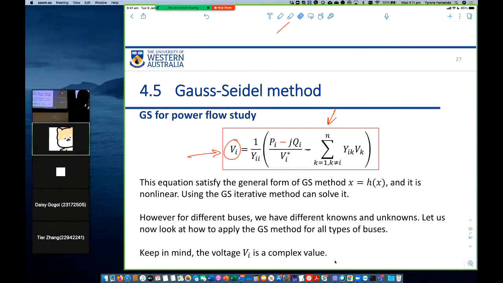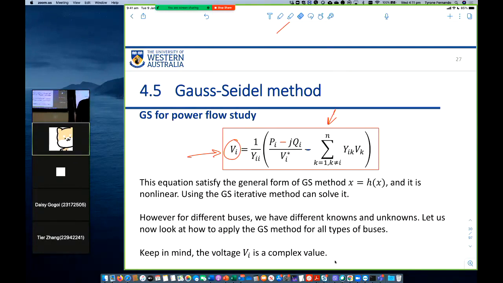So V2, where i is equal to 2, must equal 1 over Y22, because i is 2, times P2 minus jQ2, divided by V2 star, minus the summation over k equal to 1, k not equal to 2, to n, Yik Vk.